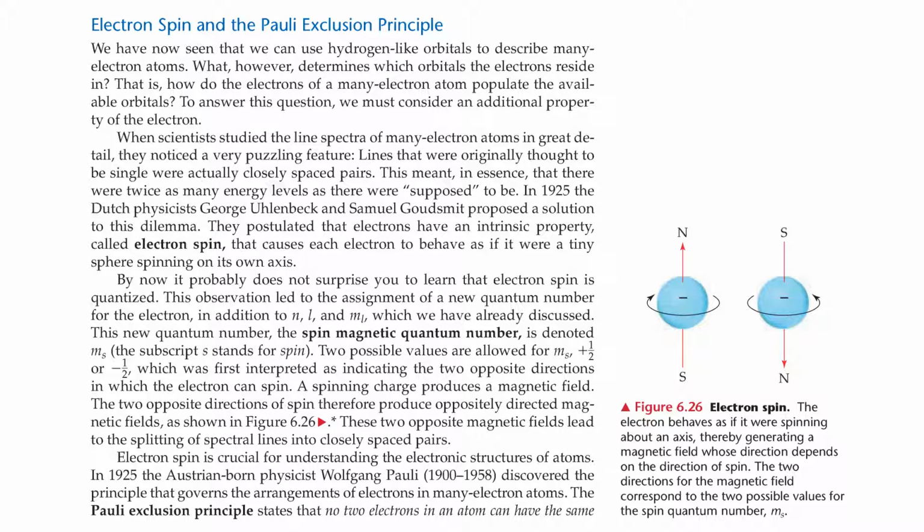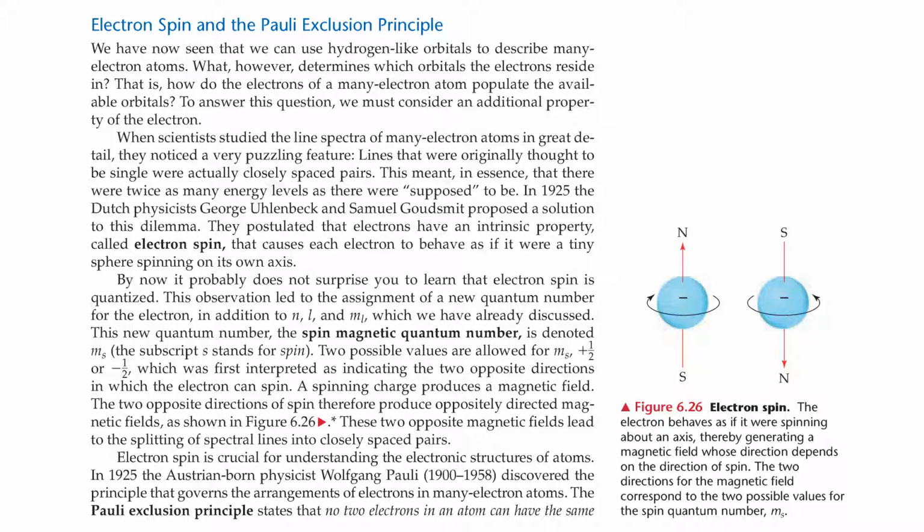Two possible values are allowed for m_s, +1/2 and -1/2, which was first interpreted as indicating the two opposite directions in which the electron can spin. A spinning charge produces a magnetic field. The two opposite directions of spin therefore produce oppositely directed magnetic fields, as shown in Figure 6.26. Figure 6.26, Electron spin.